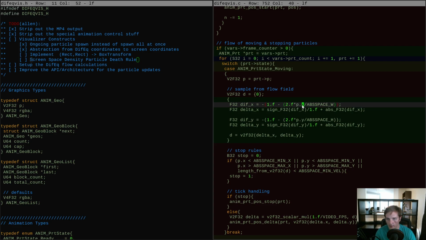And when this is a 1, we get a +1. You know, like this. So it points away with the sine of f32.